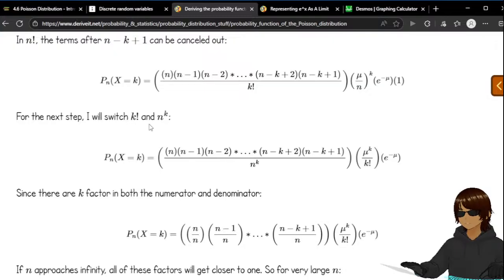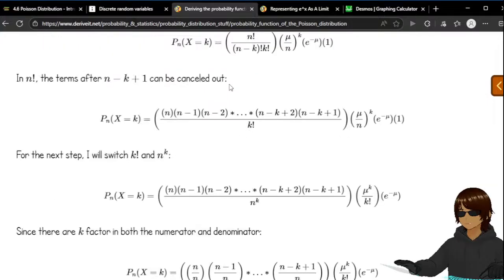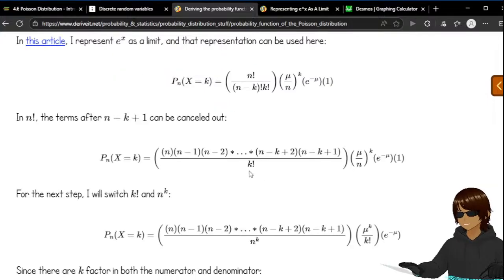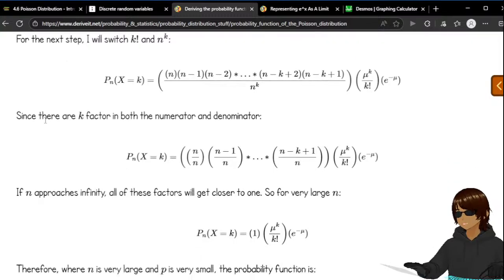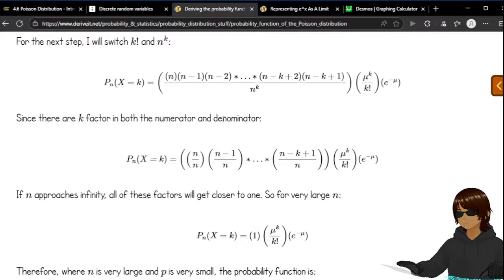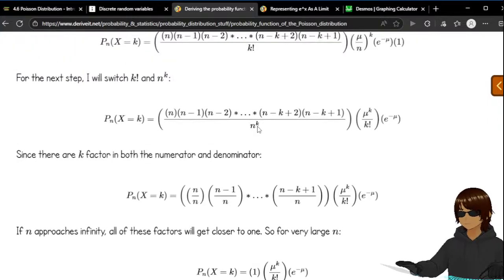I will switch k factorial and n to the power of k. So n from here will switch with k factorial, so n to the power of k and k factorial over here. Since there are k factors in both the numerator and denominator.